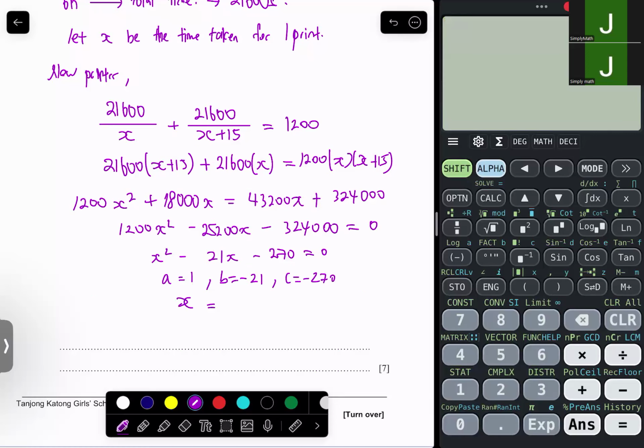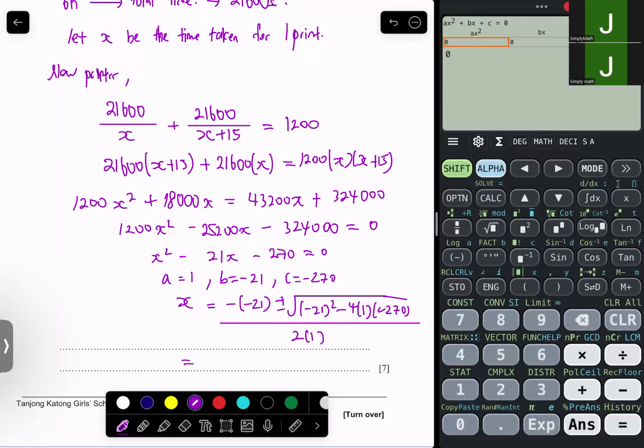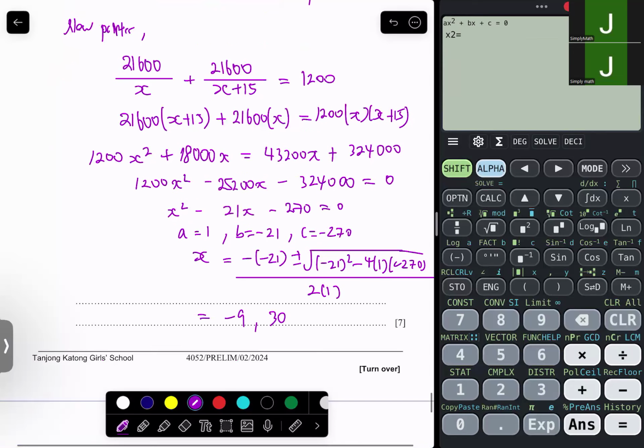X equals to negative B plus minus square root of B squared minus 4AC, over 2A, equals to, oh, okay, 1, negative 21, negative 270. Okay, negative 9 or 30. Okay, so X equals to 30.